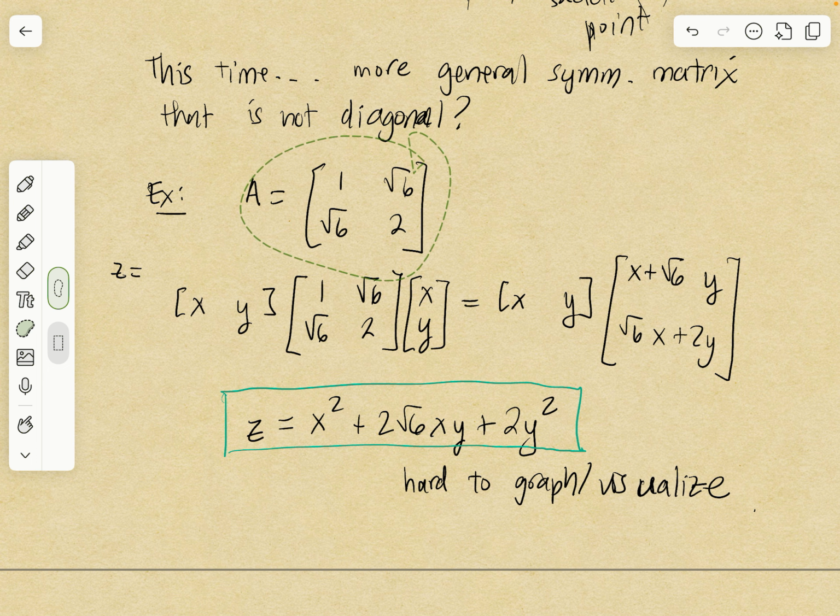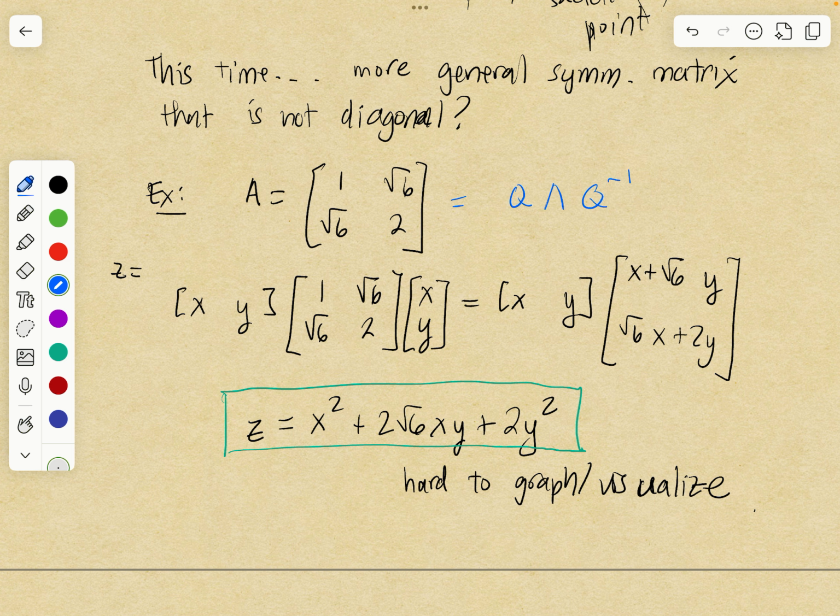How is A related to a diagonal matrix? It's an orthogonal matrix times a diagonal matrix times an orthogonal matrix. That's the spectral theorem for a symmetric matrix. And we're going to relate A to the diagonal matrix lambda.